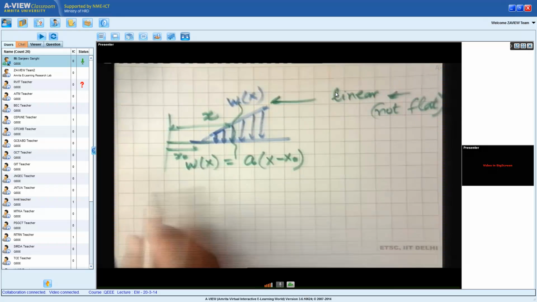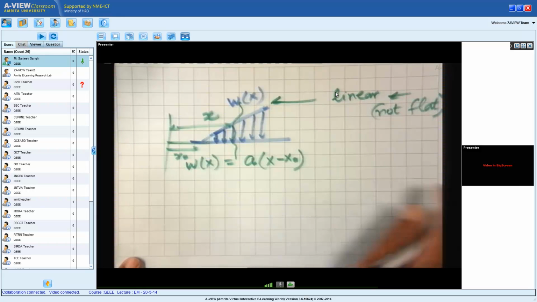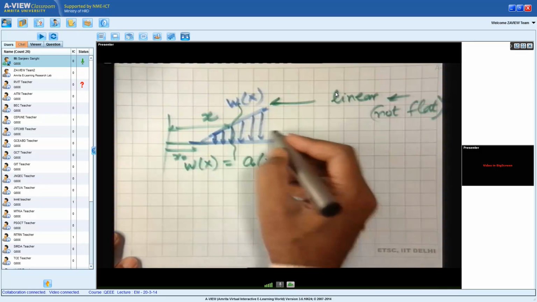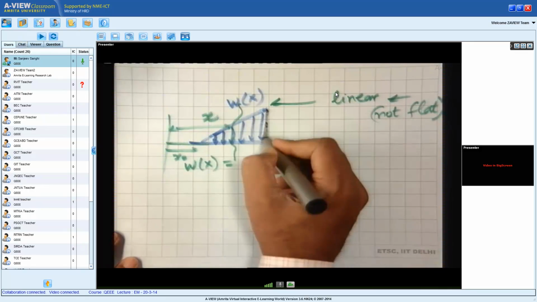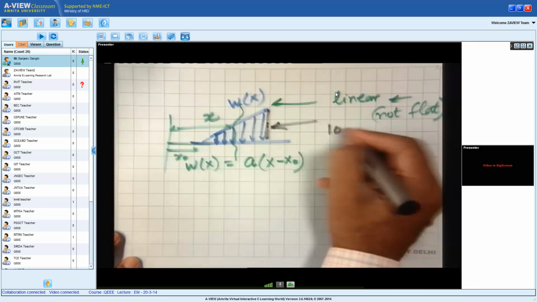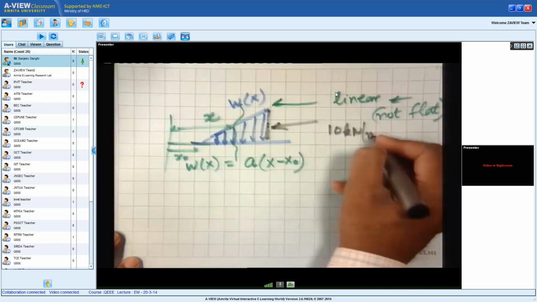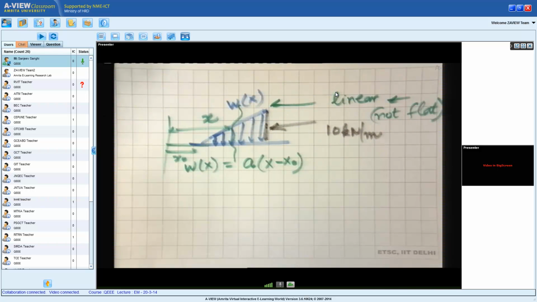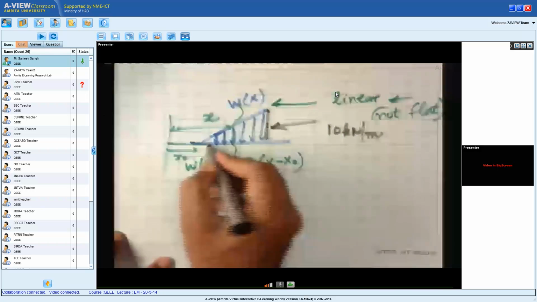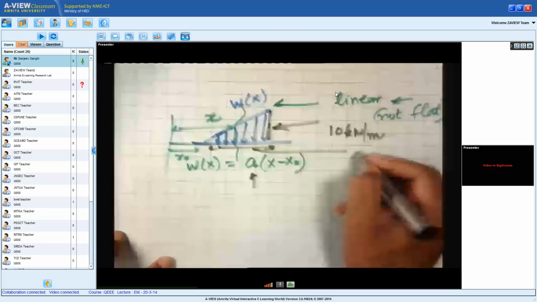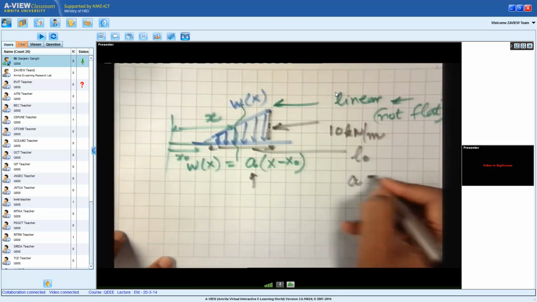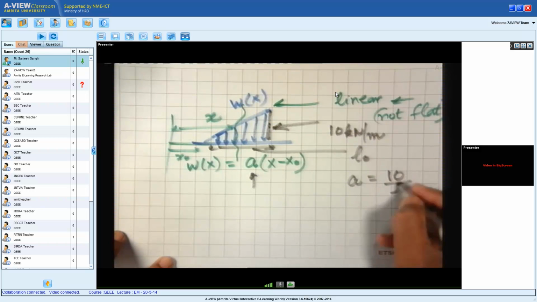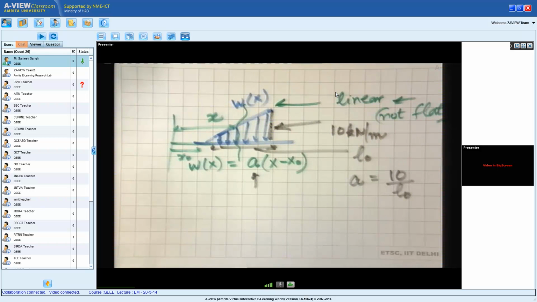So the loading itself is like this, and at the end you will be given the value, let us say it is given as something like 10 kilonewtons per meter. So this value of A, if this length is L0, then A will be equal to 10 divided by L0.